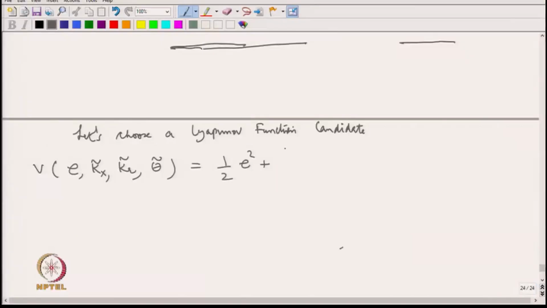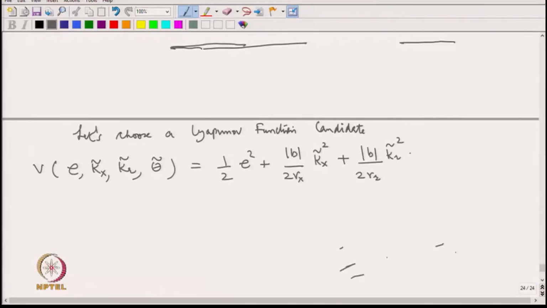we found that a good Lyapunov function would involve the absolute value of the parameter b. So, this is a positive number divided by 2 gamma x. So, it is very similar to the Lyapunov function candidate that we chose for the direct case without the nonlinearity.